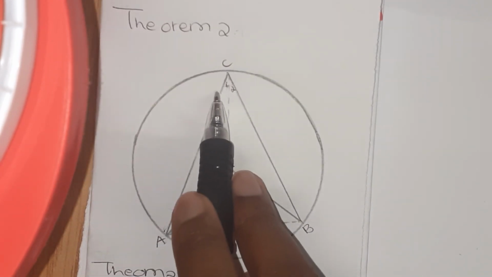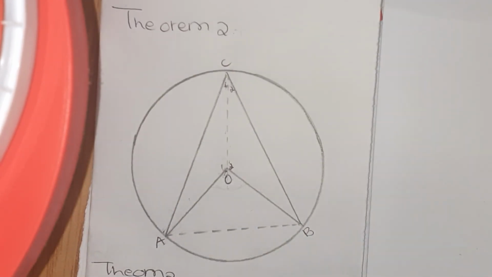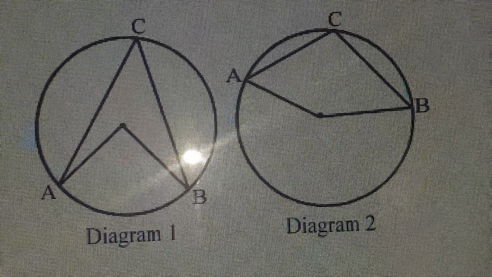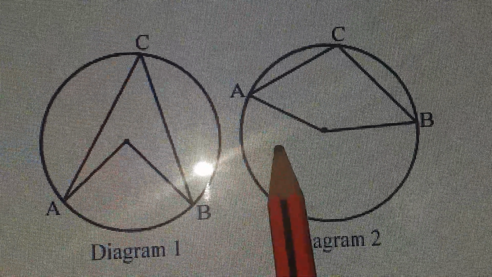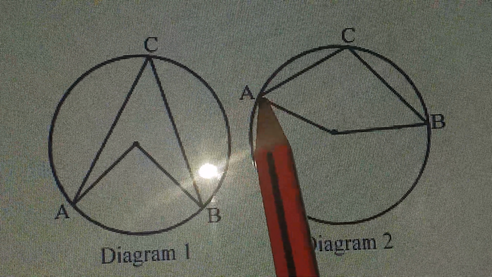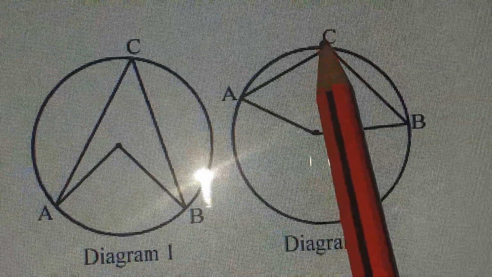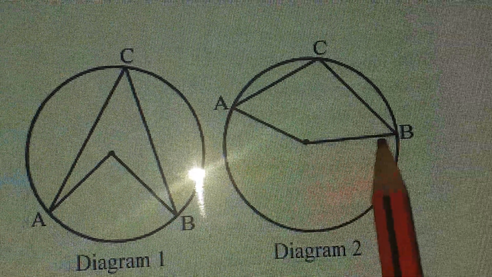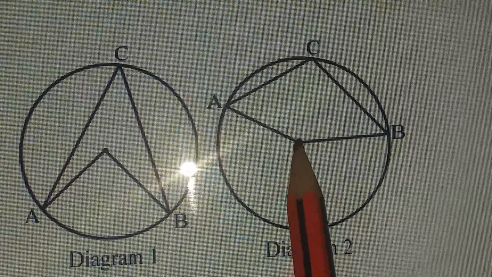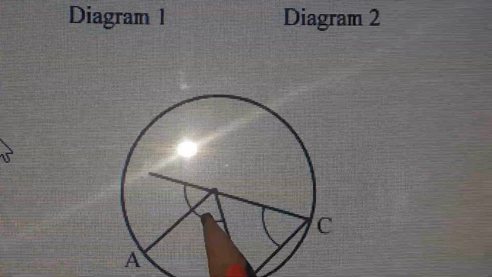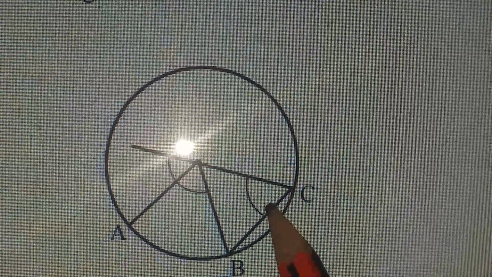This is an isosceles triangle, so these sides are equal. Sometimes you can get this. This is still angle at the center. You just make dots here. Your drawing is that these are 2 triangles. Then this can still prove that this angle is 2 times this angle. Or with this one, this angle here is 2 times this angle.